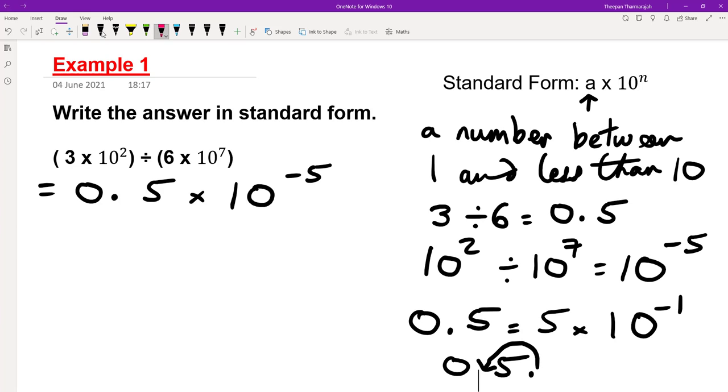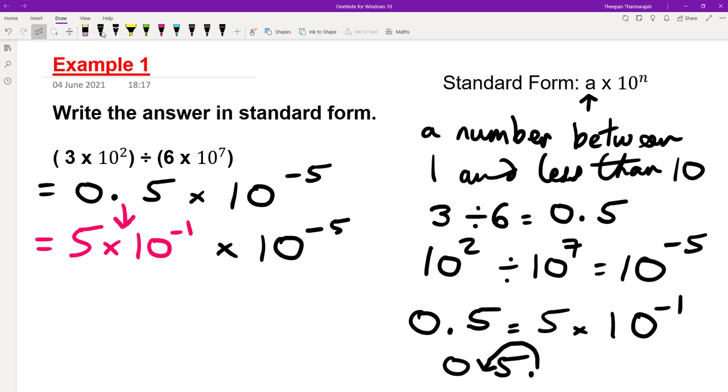So we replace 0.5 with 5 times 10 to the power of minus 1. And then we need to also include the times 10 to the power of minus 5. Now that will give me 5 times 10 to the power of minus 1 minus 5 will give me minus 6.